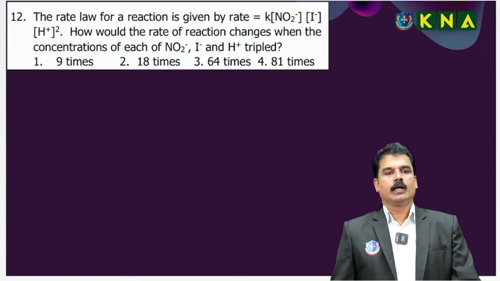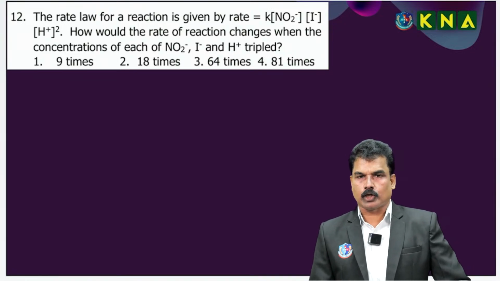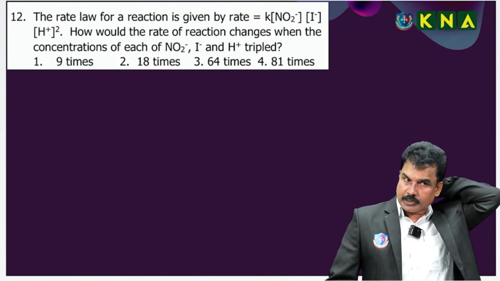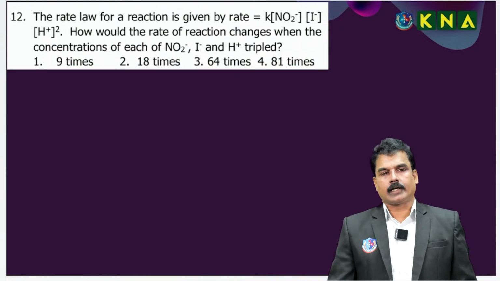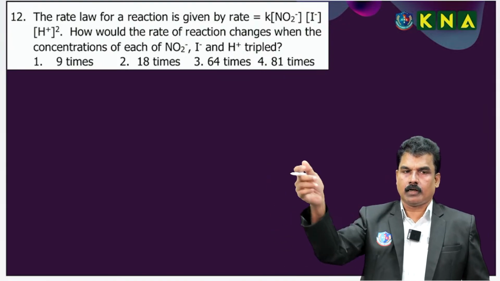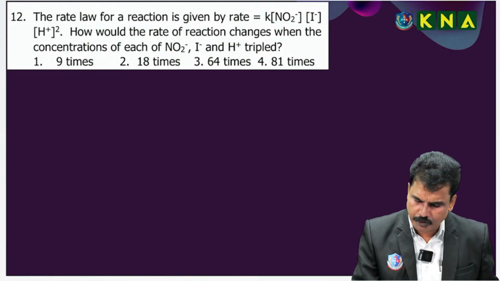Question number 12. The rate law expression is given based on a chemical reaction. Rate is equal to rate constant into concentration of NO2 minus into I minus into H plus the whole square. 3 concentrations are there. Now we are tripling the concentrations. What will be the rate? Triple times we are increasing.